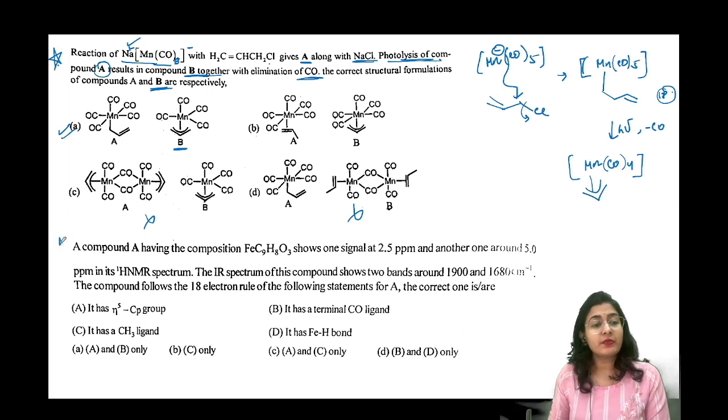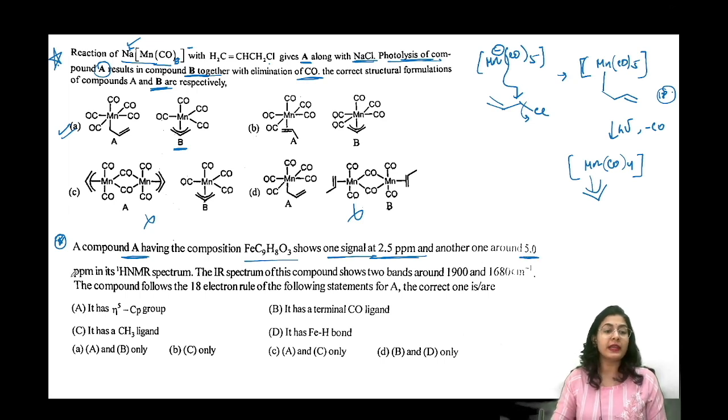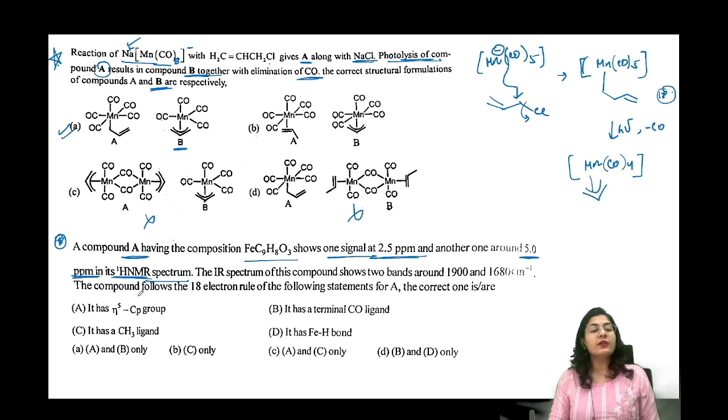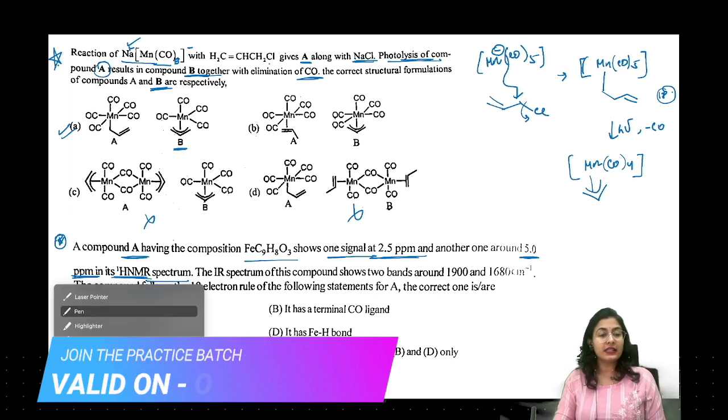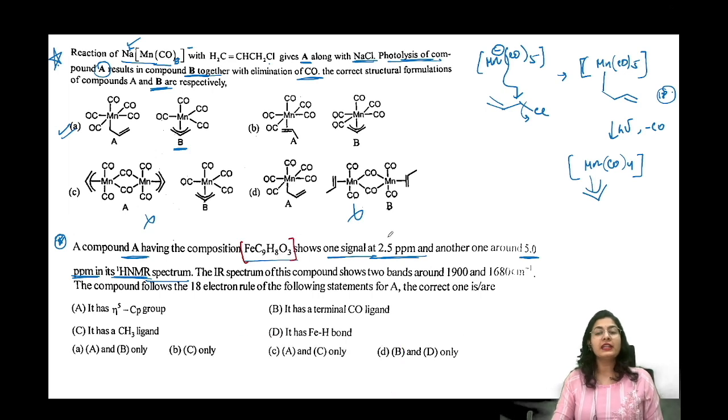Alright, next important question. A compound A having the composition FeC9H8O3 shows one signal at 2.5 ppm, another one around 5.0 ppm in its proton NMR spectrum. Alright, so you see the data which is given is of this compound. Okay, what does it do?